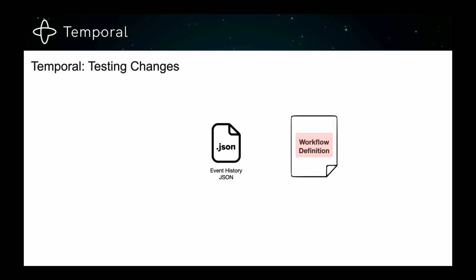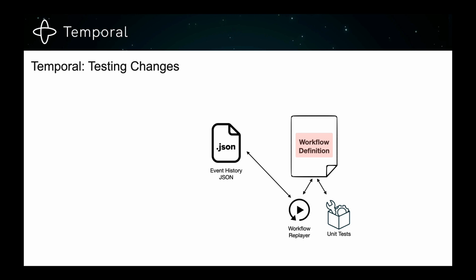So once we switch or add some changes to our workflow definition, so this is now our workflow, which includes some of the changes we have added to it, of course we now want to run a set of unit tests against it to make sure that it itself behaves the way it should.